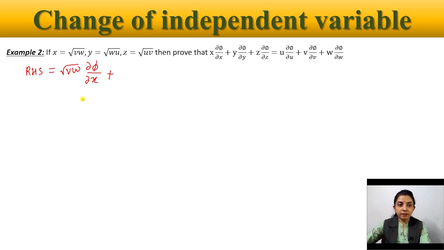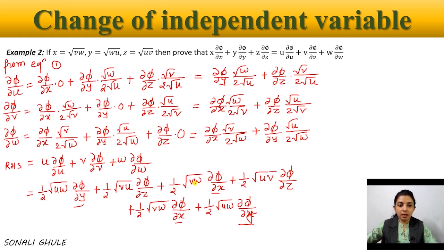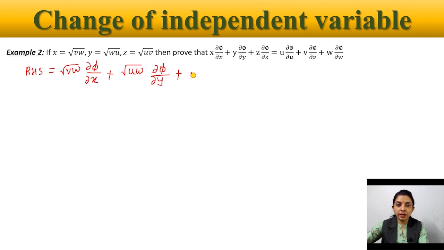So I can write here root UW phi with respect to Y plus, now remaining is only dou phi by dou Z, and this term is also same. So I can write here after doing addition root VU dou phi upon dou Z.